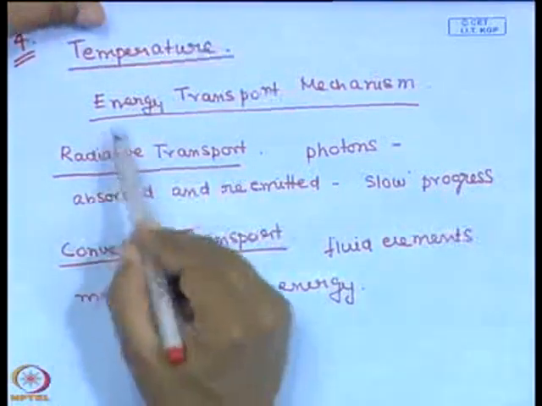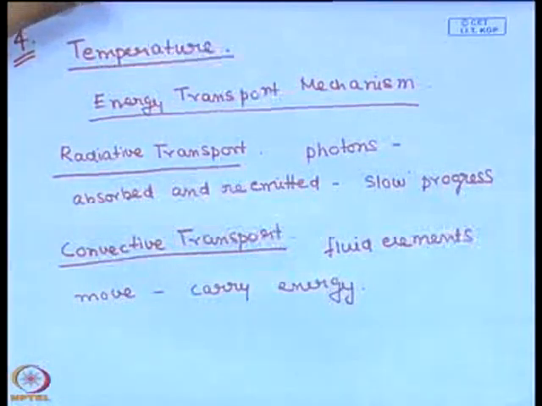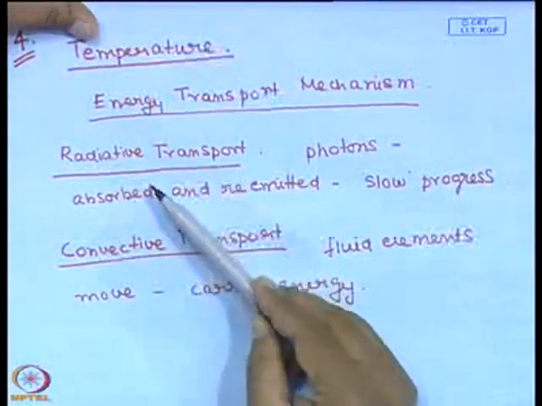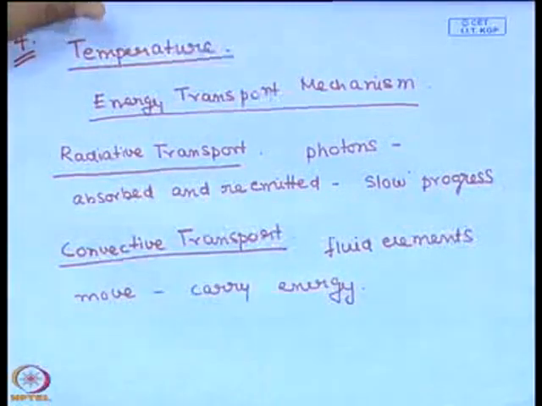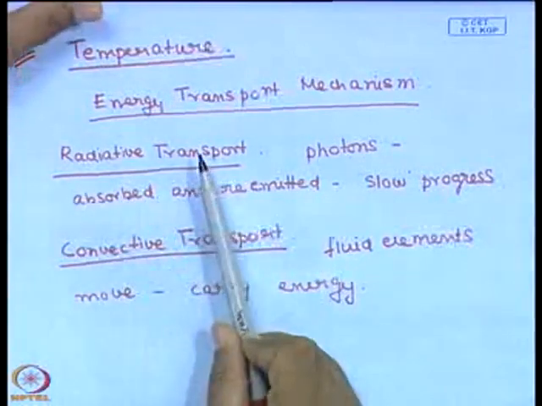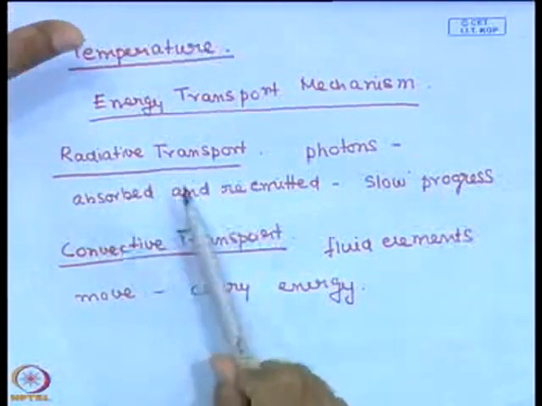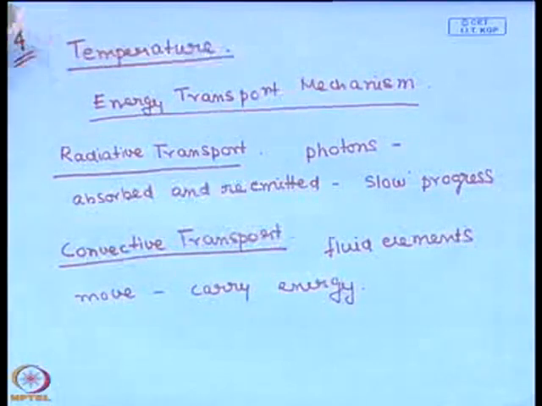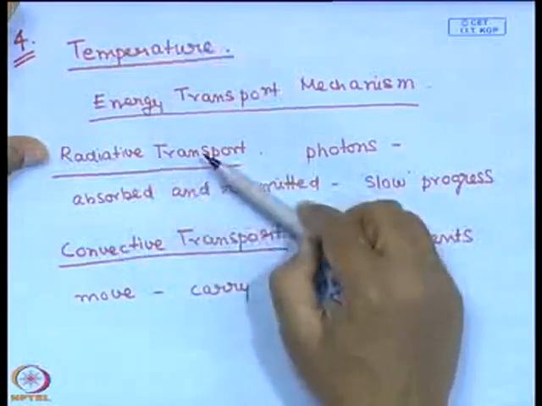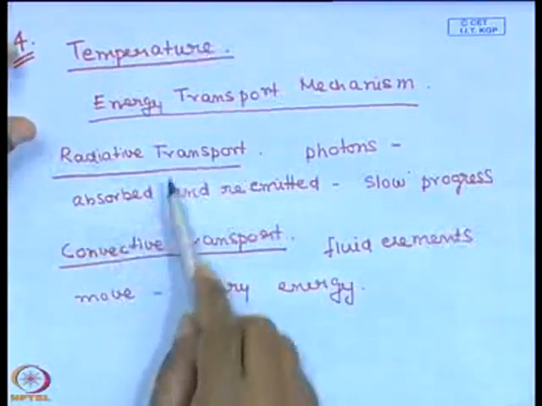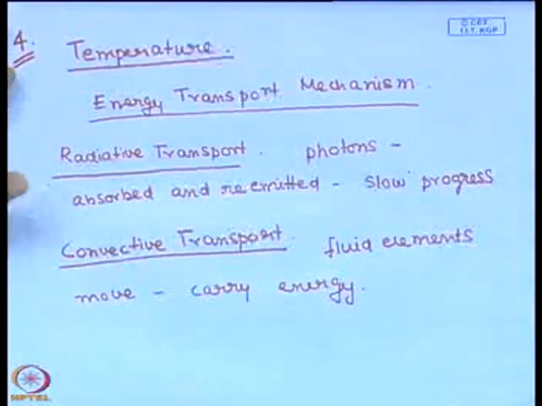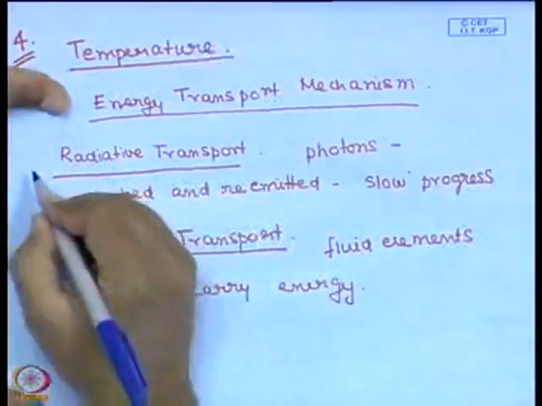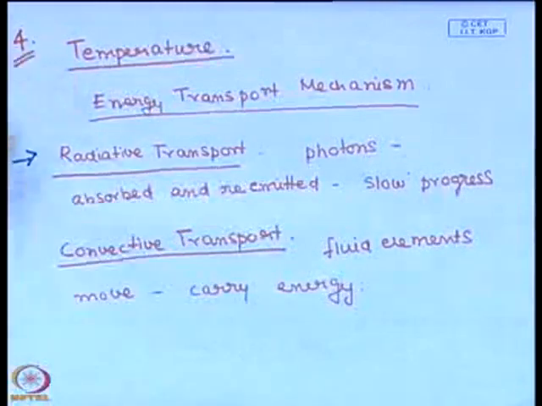And so the energy transport and the temperature distribution in the sun, the temperature gradients, are determined by which of these two processes is active. It depends on that. Okay, and you can have two possibilities. So you can have the energy being transported through radiation, or you could have energy being transported by the motion of the fluid elements themselves. So there is a competition between these two mechanisms, and we shall discuss the criteria when which one will be operational. Okay, but first let us just look at this. So in today's lecture we shall just consider the radiative transport.